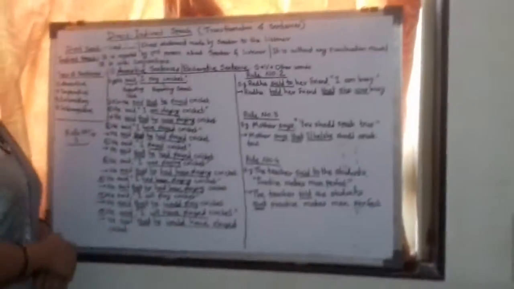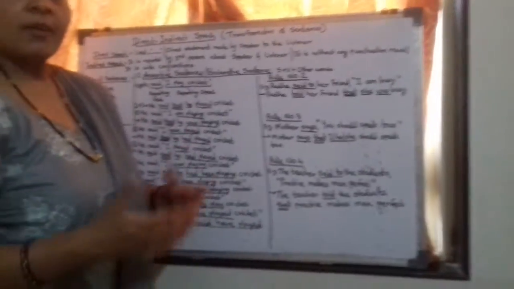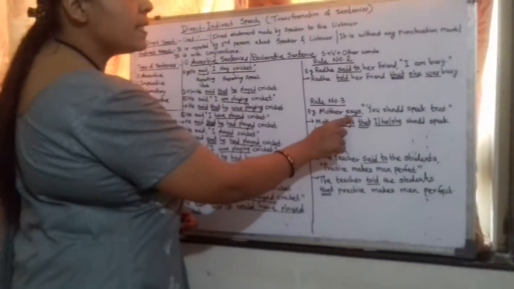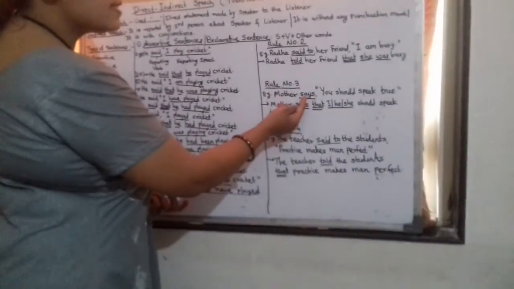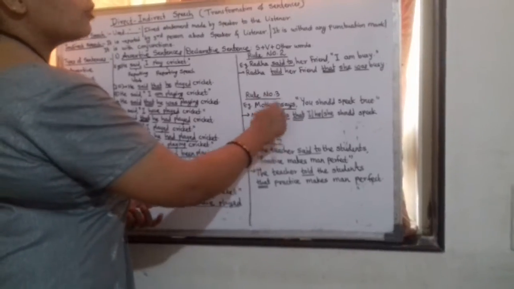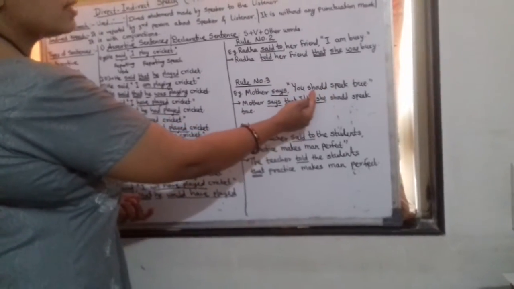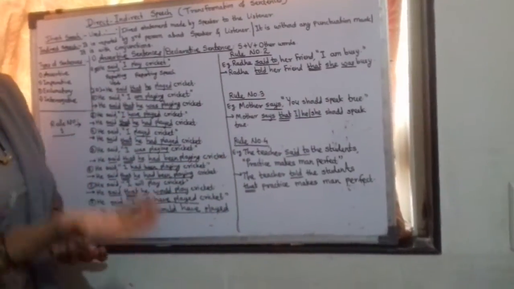Now rule number 3: Mother says you should speak true. We can easily observe that the reporting verb is in simple present tense. If the reporting verb is in simple present tense, then it is not necessary to change the tense in the second clause.